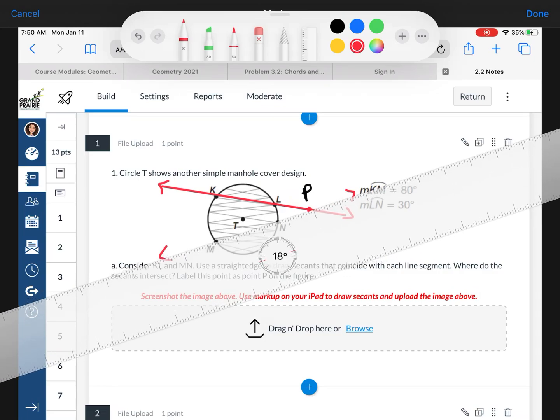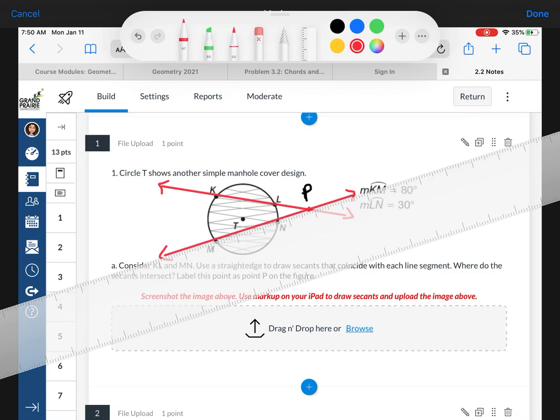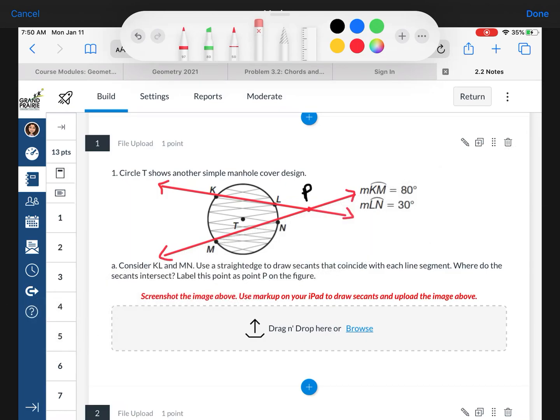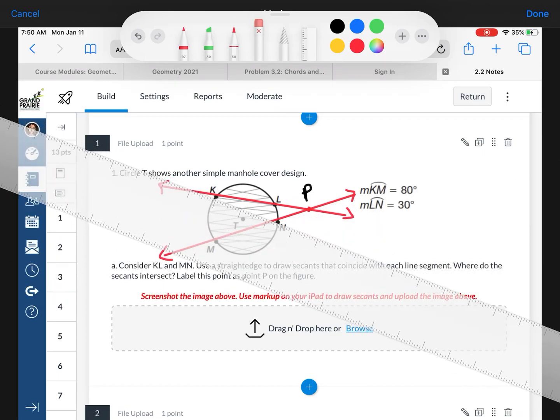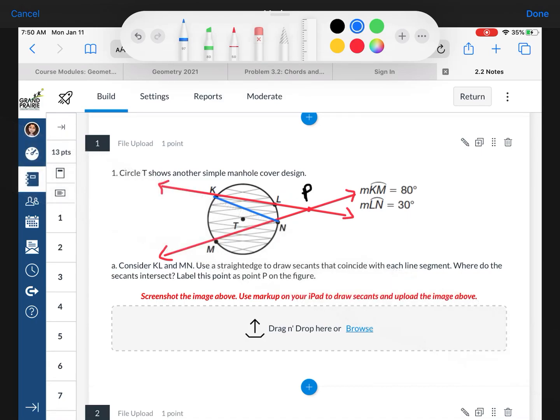I also erased my line segment KN, which is this blue line, so let's draw that again. That's going to create the triangle KPN that they're talking about.